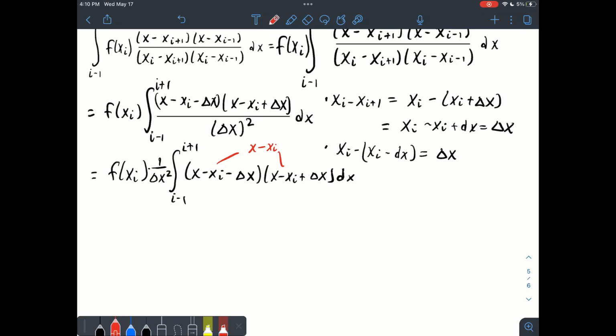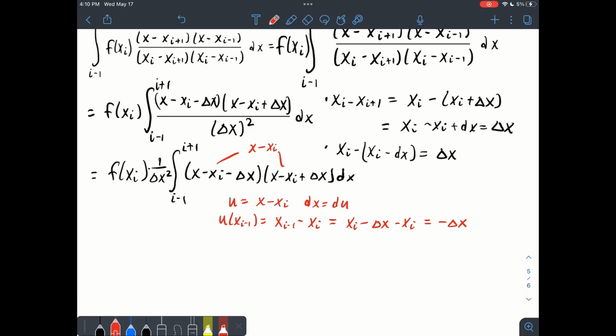So I'm going to substitute. I'm going to say that u is equal to x minus xi, and then completing the u substitution, we have dx equals du. And then we have to change our bounds. That's going to make this process a lot easier. So u of x i minus 1 is equal to x i minus 1 minus xi, which is xi minus delta x minus xi, which is equal to minus delta x.